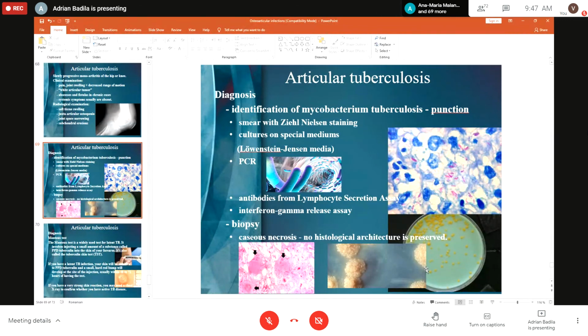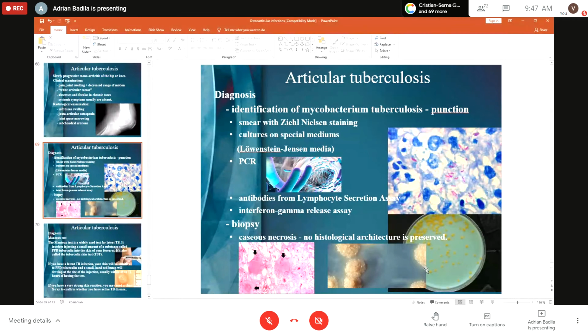Another method of identification of the Mycobacterium tuberculosis is the PCR, the polymerase chain reaction. In this kind of analysis, we will identify the DNA of the Mycobacterium tuberculosis.